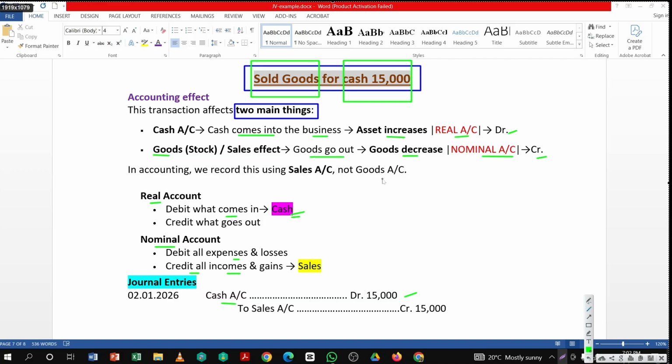Here goods are sold, so income increases, that means sales will be a credit account, so transaction to sales account credit 15,000 taka. Now finally we can say cash account debit 15,000 taka to sales account credit 15,000 taka.